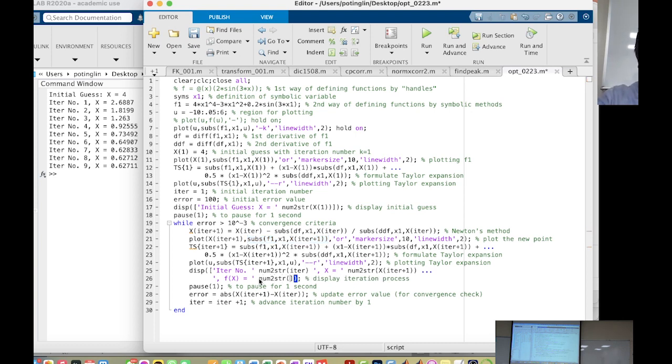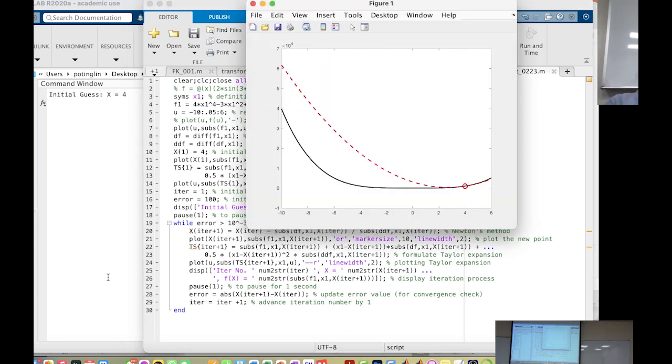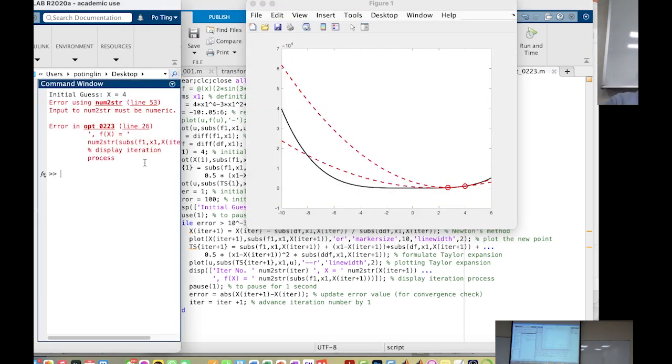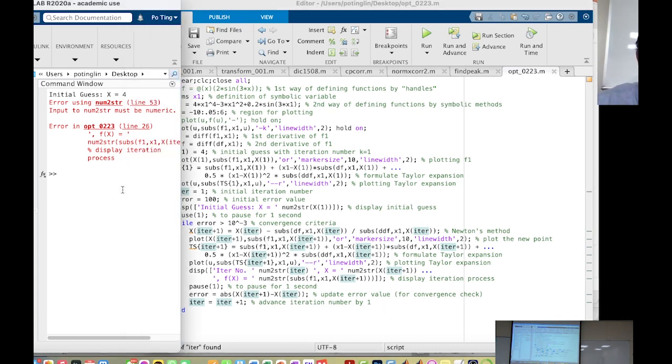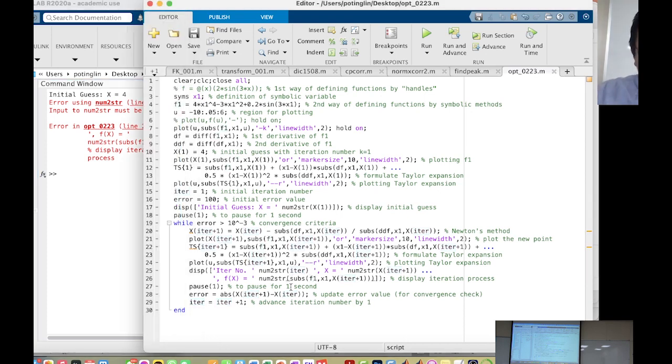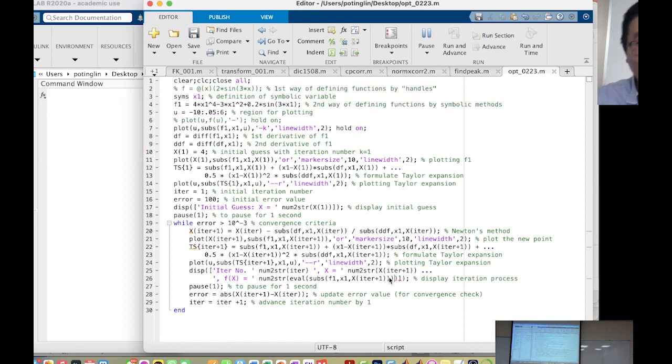Number to string. Okay. Oh, something's wrong. Oh, numeric. Okay, okay. This is a symbolic value. Okay.